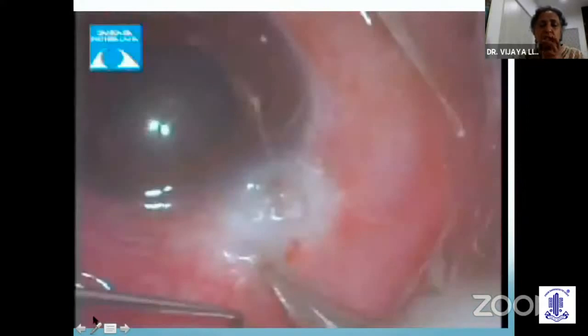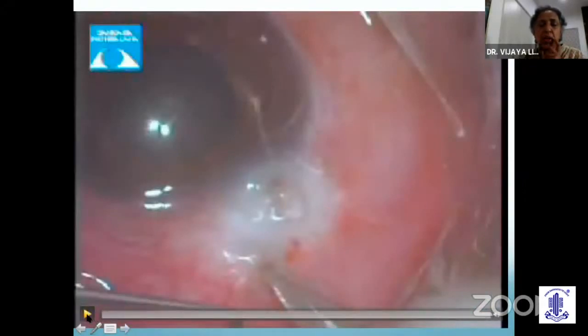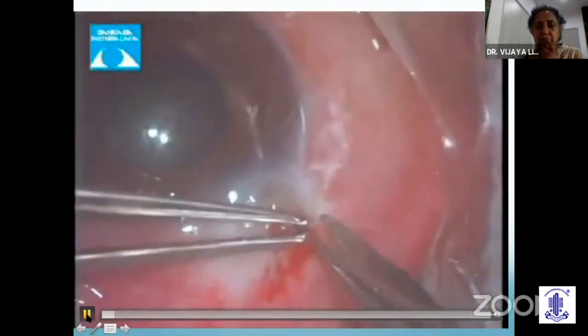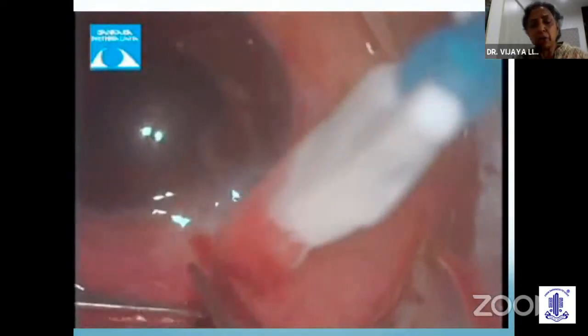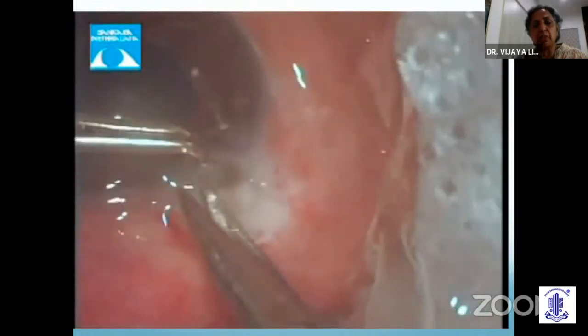Then in such a situation, you may have to go for what we call a bleb excision. You have to excise the entire bleb and take a conjunctival autograft, usually from the inferior quadrant.